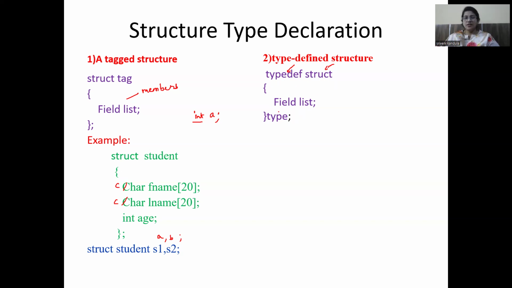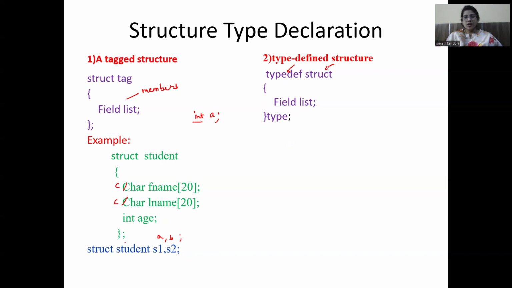Let's see one example under this. Let us use the same student structure and I'll show you how to modify it from the tagged structure. Here, instead of saying struct student, I should use typedef struct, and inside that I have to use all these field lists.